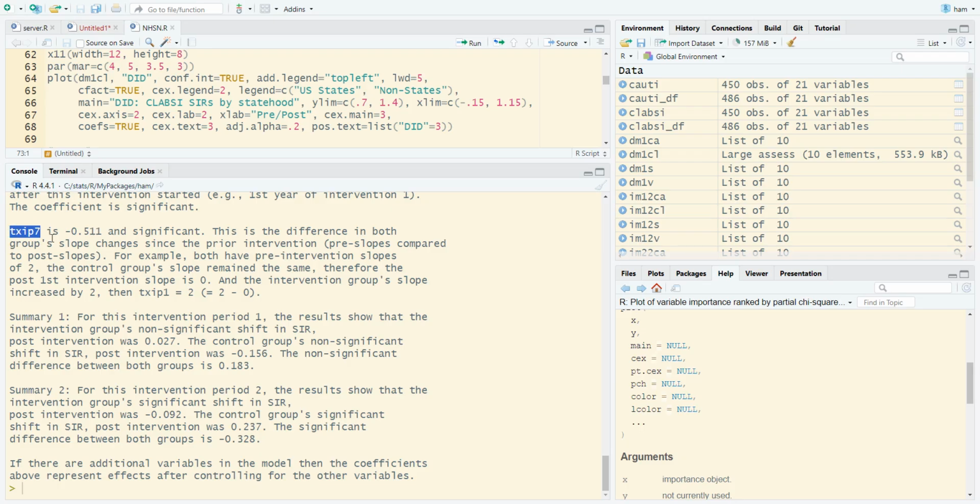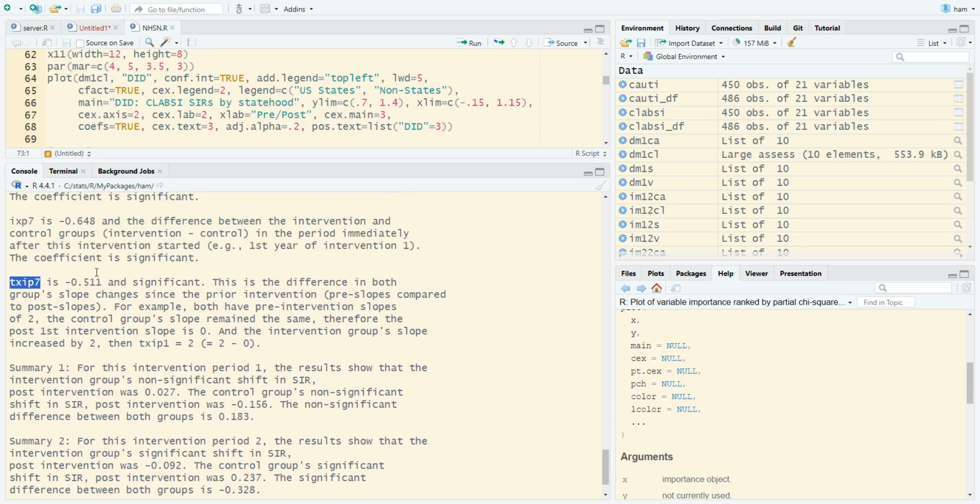Similar to the difference in differences, we'd look at the trend in slopes for our intervention group minus the trend in slopes for our control group. And so that's what TXIP7 indicates.